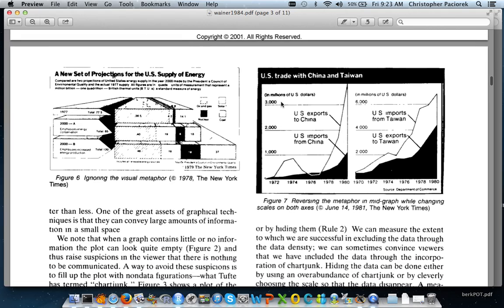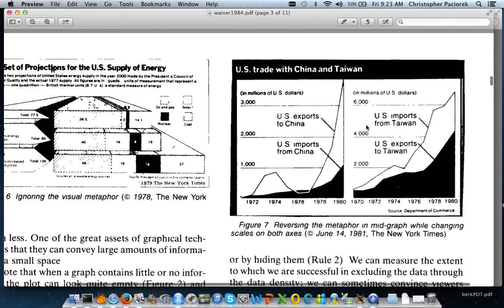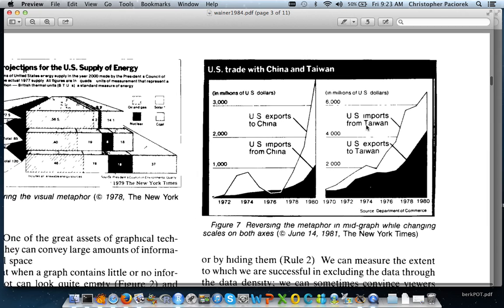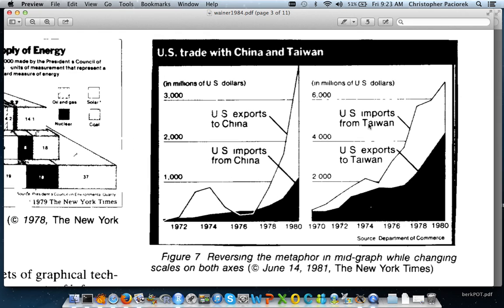Here's a nice example of violating another principle of making graphs. So what do people notice about this graph that we might improve upon? I guess the caption already tells us something about what the author thinks about this.